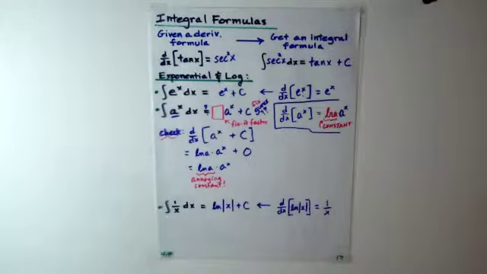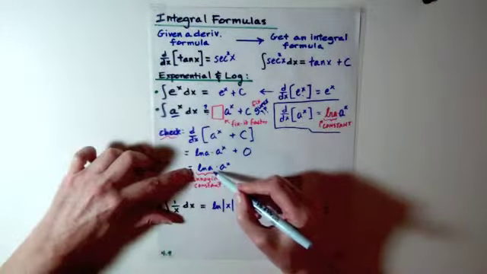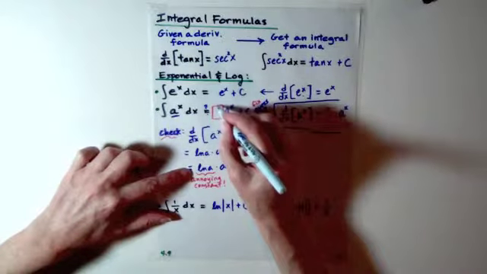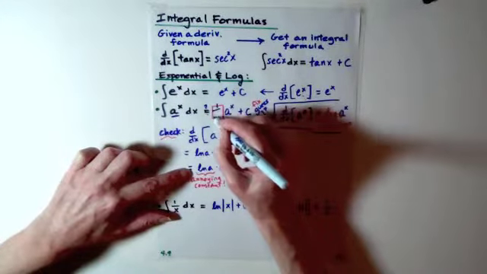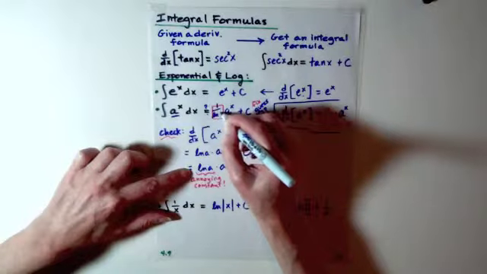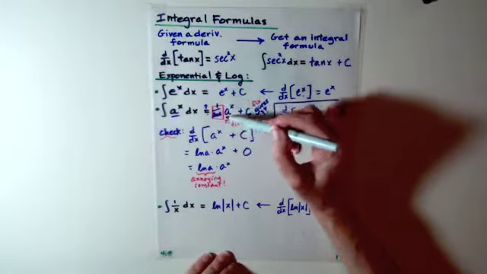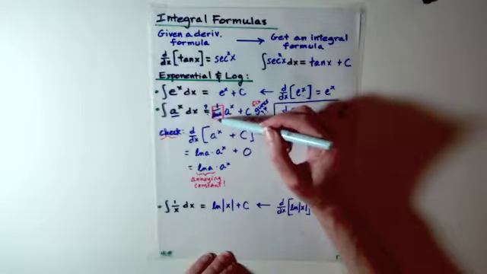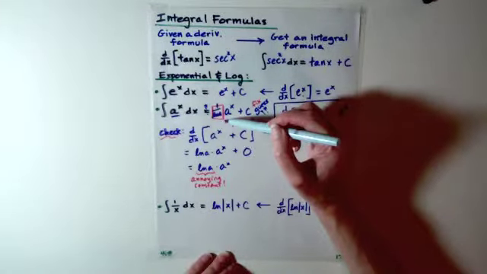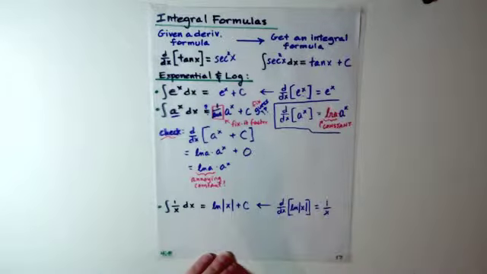And the fix-it factor we can use is just the reciprocal of this constant. So what I'm going to put in front is a 1 over ln of a in front of my a to the x. And again, that's just some number. It's a constant. 1 over whatever ln of a, whatever number that is, times a to the x.